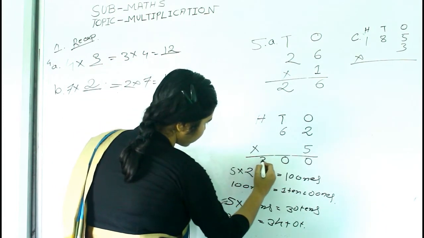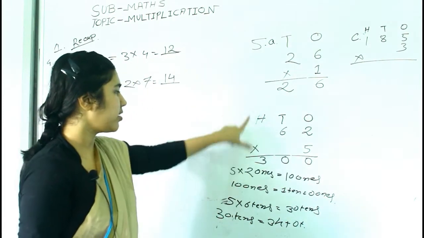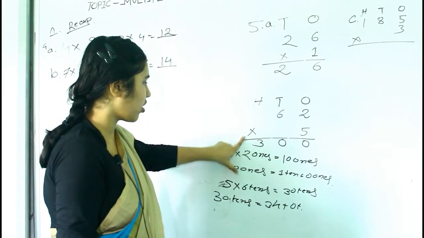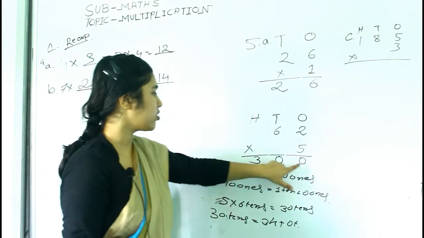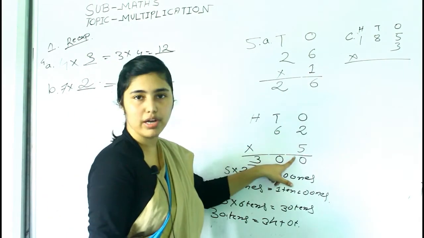So write 3 in the hundreds column. In this column write 300, and 0 in the tens column and ones column.